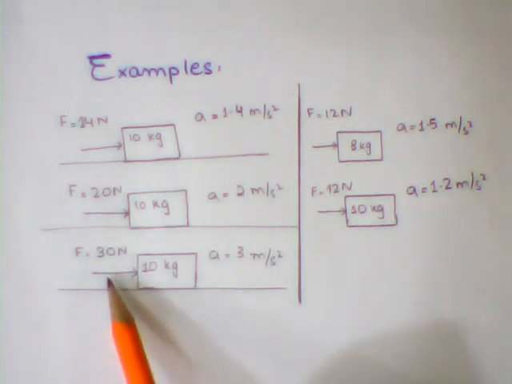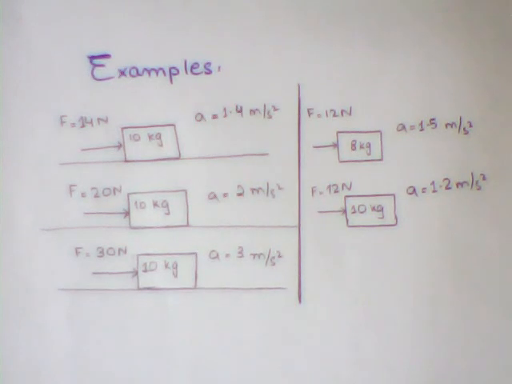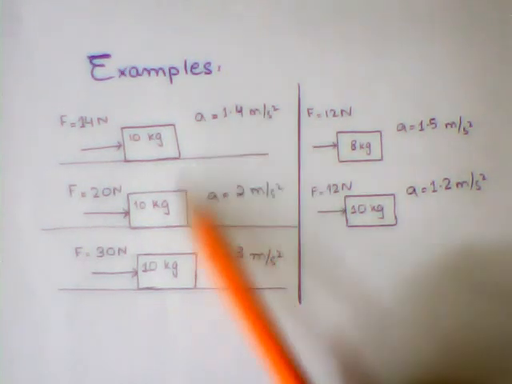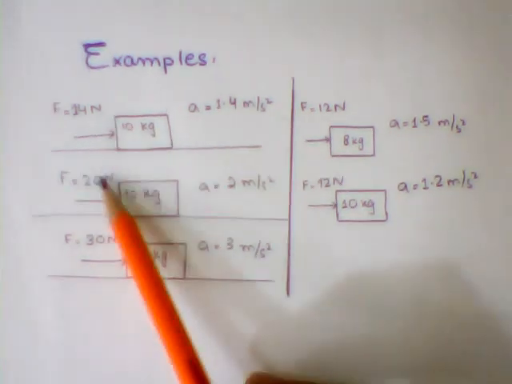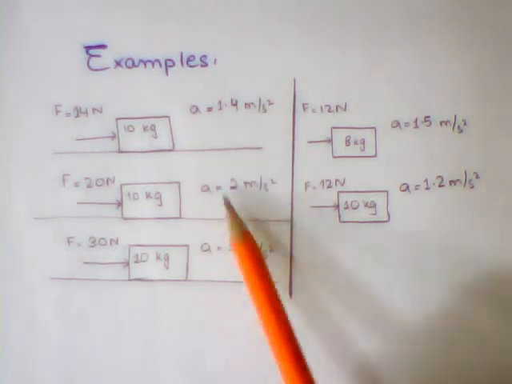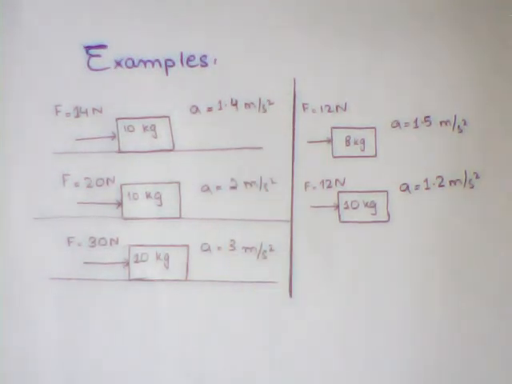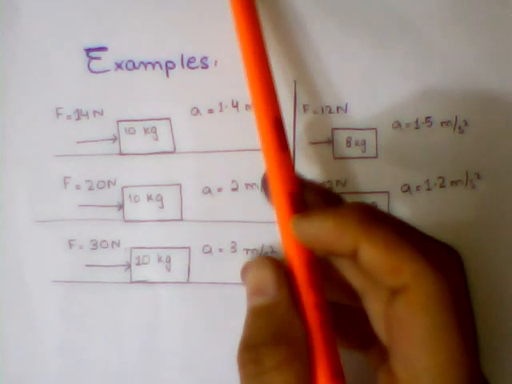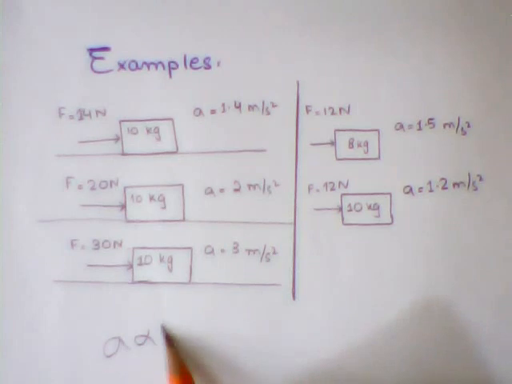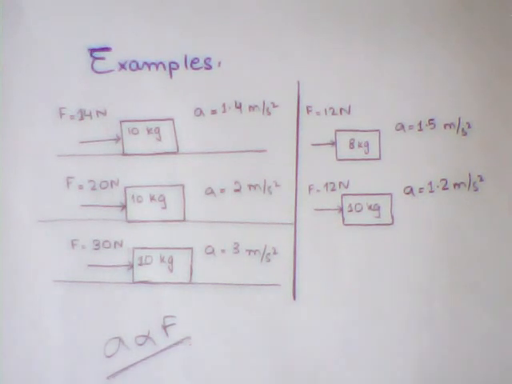Now if the force becomes 30 newtons, the block moves even faster, and the acceleration is 3 meters per second square. As you observe the pattern, if we increase the force, the acceleration is also increasing, and if we decrease the force, the acceleration is also decreasing. Again, our condition that acceleration is directly proportional to force is proved.